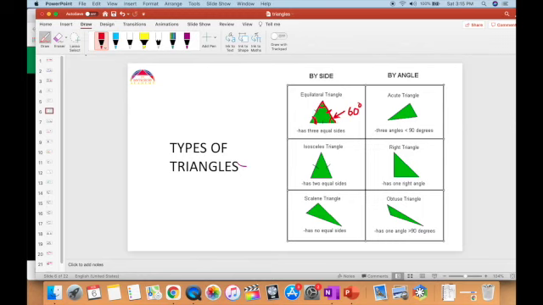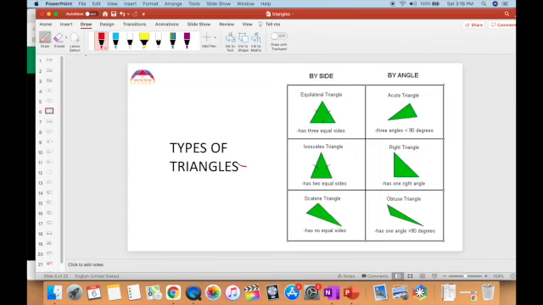If this side over here has the same length, that means that this angle over here had to be the same. And if this side over here has the same length, that means this angle over here has to be the same. So when all three angles are the same, it's 180 divided by 3, which is 60. Shazay, you okay with this?